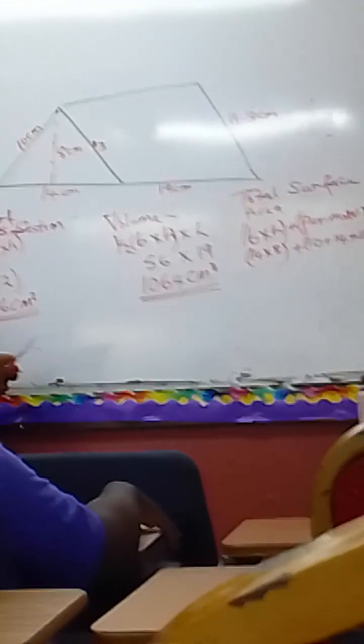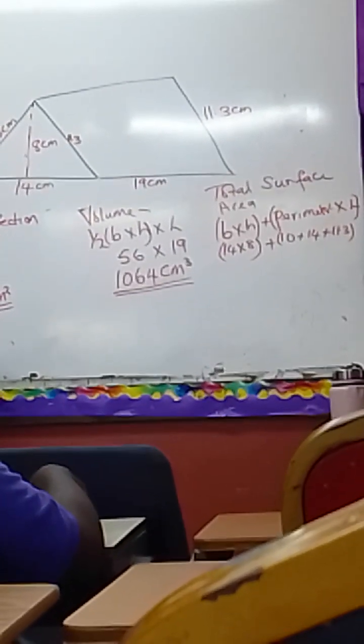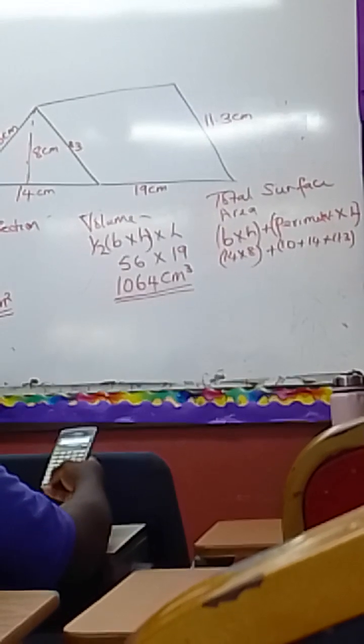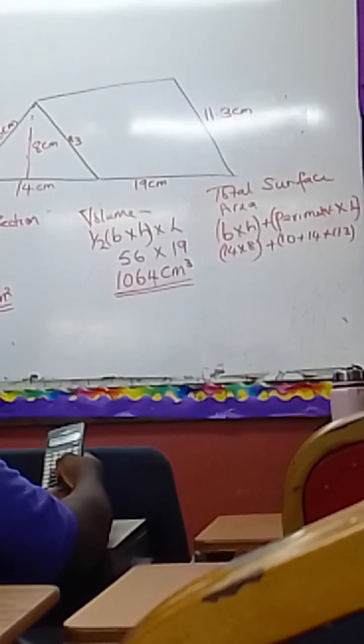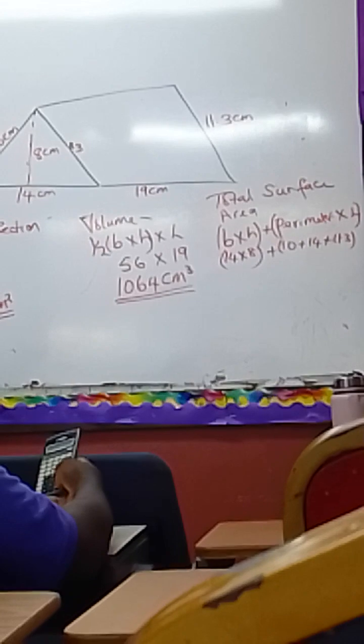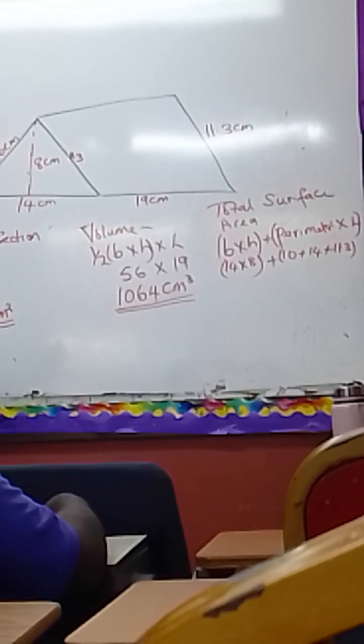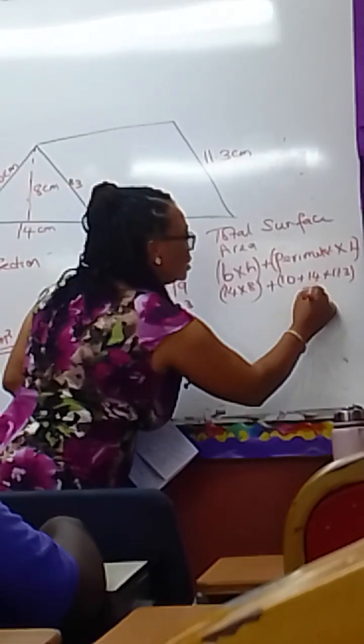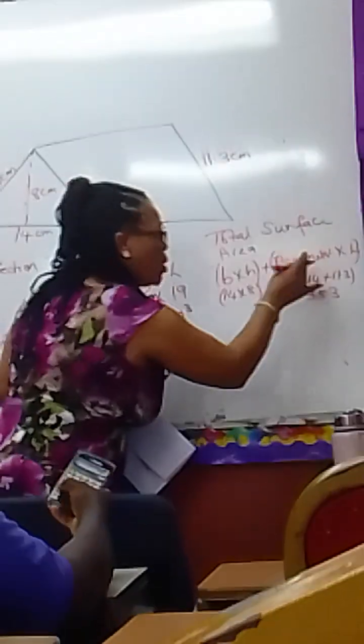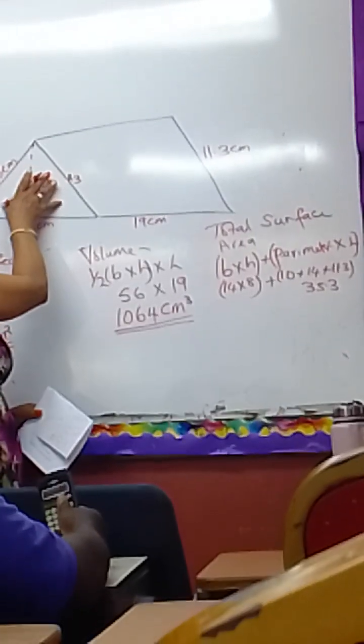Now add that for me and tell me what you get. 10 plus 14 plus 11.3. What did we get? 35.3. So this is 35.3, which is the perimeter of the triangular section.